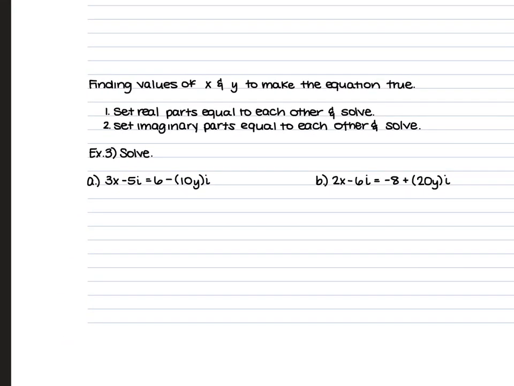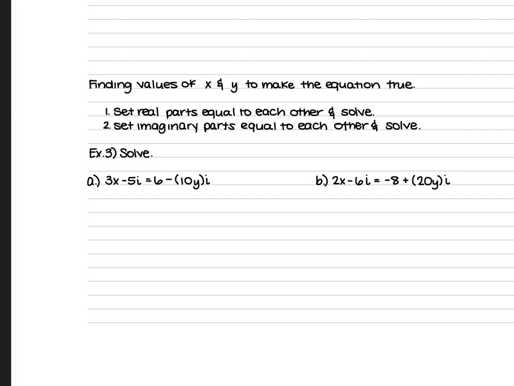Sometimes we are going to have equations that include imaginary numbers. When we have these, we are going to set the real parts equal to each other and solve. Then we will also set the imaginary parts equal to each other and solve. So we're going to have two answers here, an x is equal to and a y is equal to.